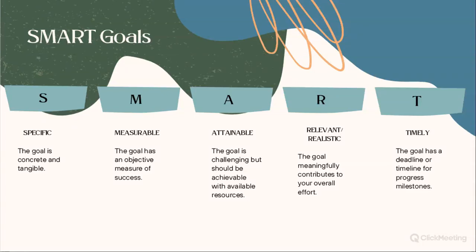And also with the attainable, or I guess this could be under realistic as well. Like I mentioned before, I always think it's a better idea to start small, maybe with a couple days a week or 3 days a week. Start small with whatever your goal is going to be, and give yourself room to grow in your goal.